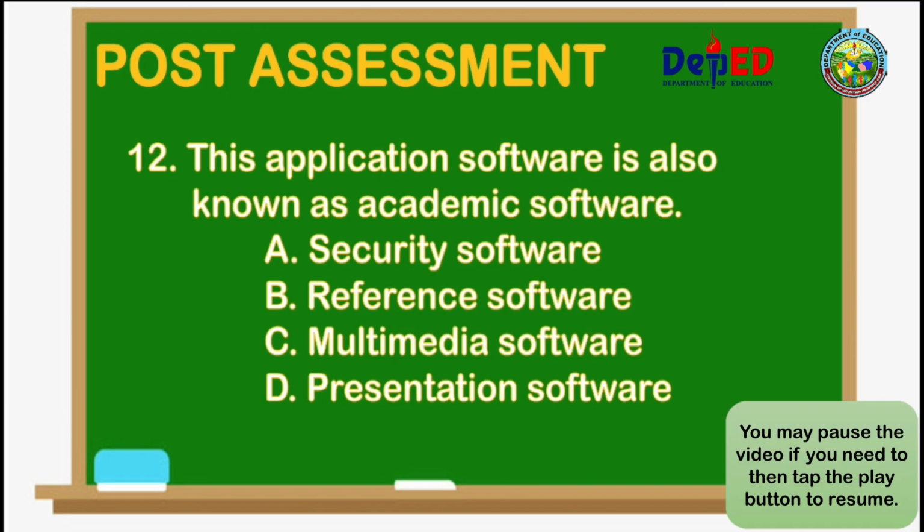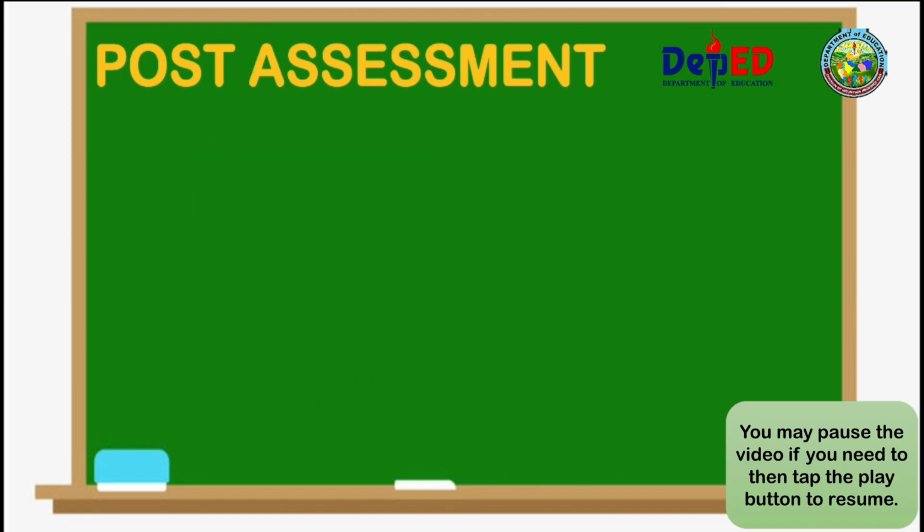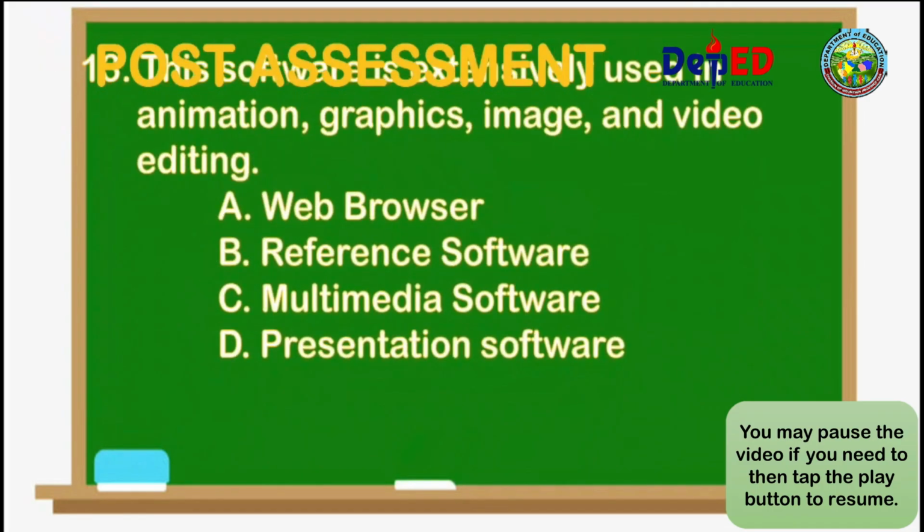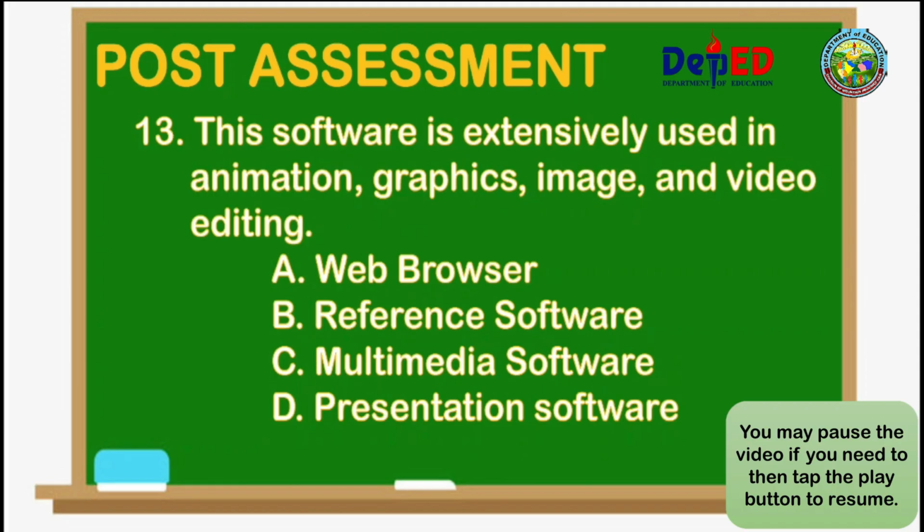The correct answer is B. Reference software. Number 13. This software is extensively used in animation, graphics, image, and video editing. A. Web browser, B. Reference software, C. Multimedia software, or D. Presentation software? The correct answer is C.